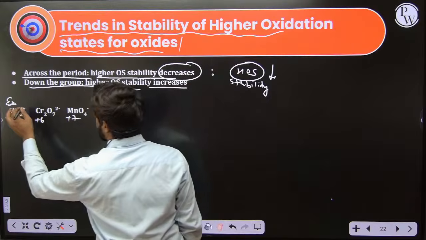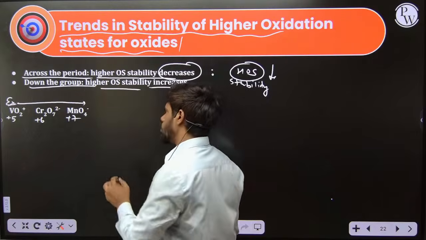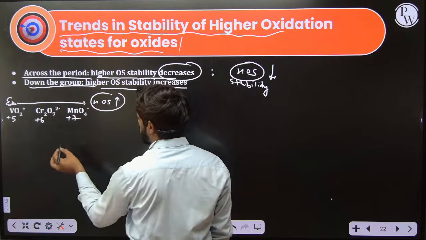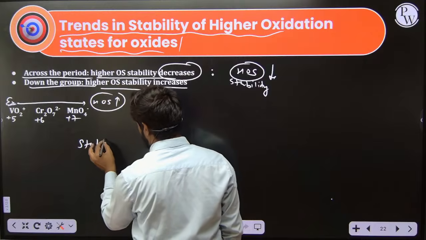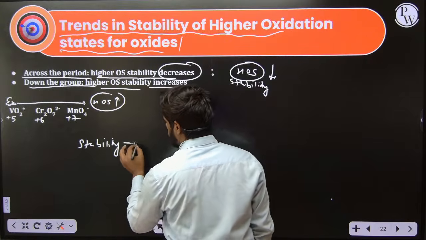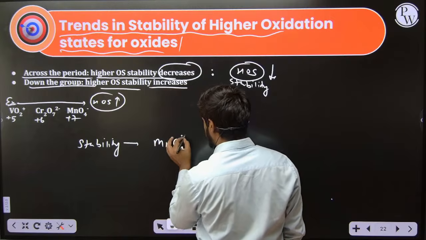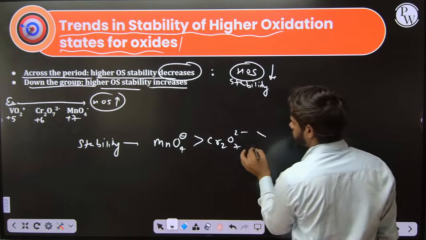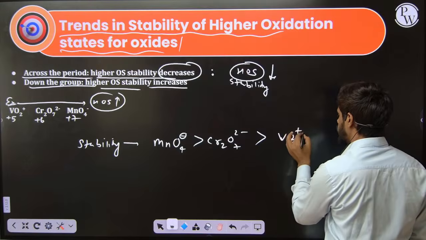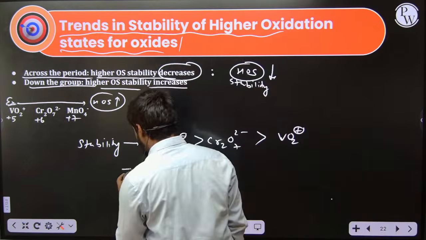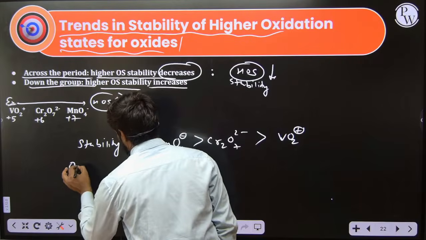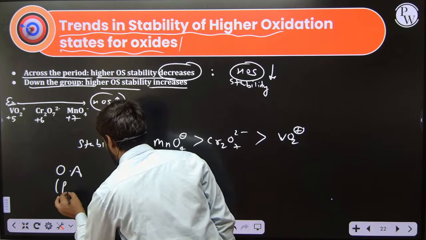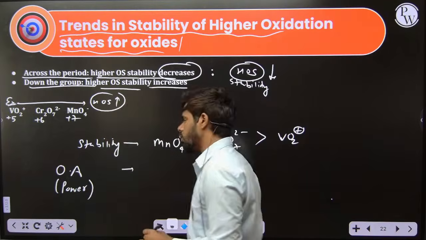As we go across the period, the higher oxidation state stability increases. Stability-wise, MnO4- is more stable than dichromate, and VO2+ is less stable. If stability is given like this, what is the order of oxidizing agent power?